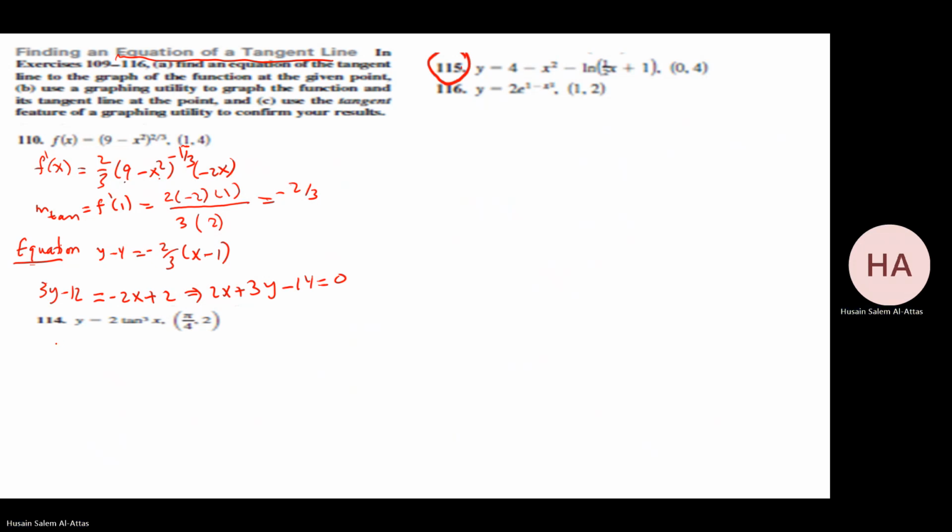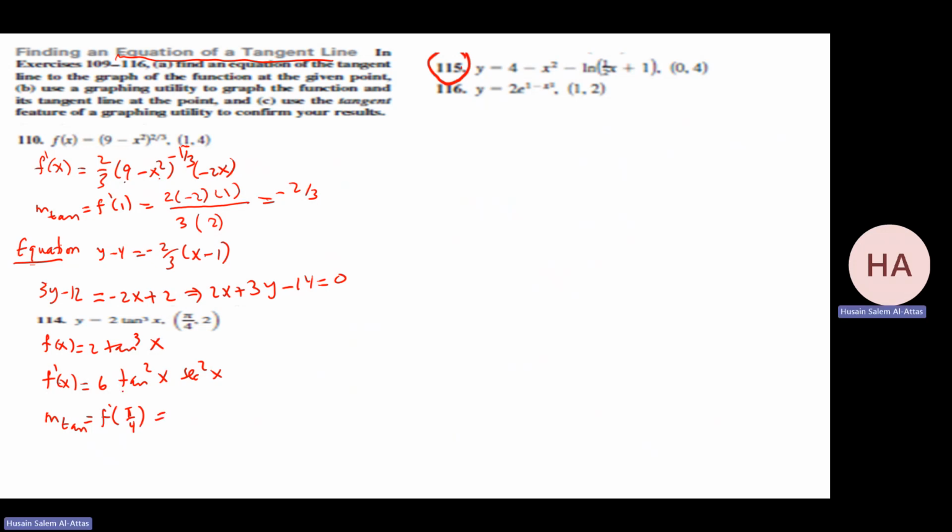This one, f of x is 2 tan cubed x. We need to find the slope through y prime. F prime will be 6 tan squared x times the derivative of tan, which is secant squared. M tangent will be f prime at pi over 4.